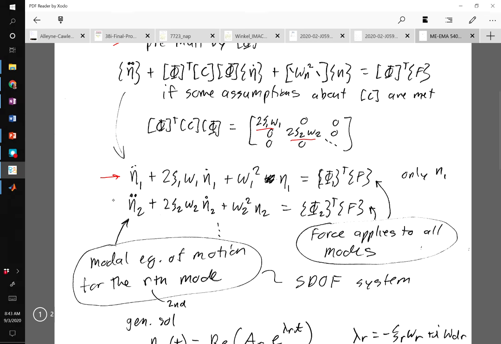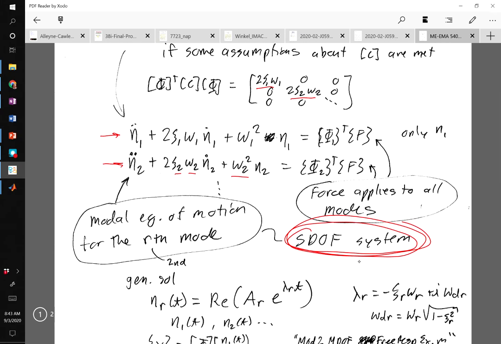For the second mode, the exact same thing, only with the second damping ratio and the second natural frequency. So notice these are completely uncoupled. These are nothing but 1 degree of freedom systems. So we took that multi-degree of freedom system that we didn't know how to solve, and we made it into 1 degree of freedom systems. So now we know how to solve it.